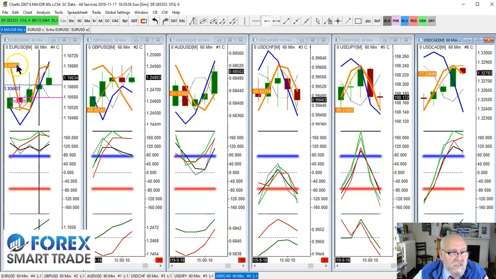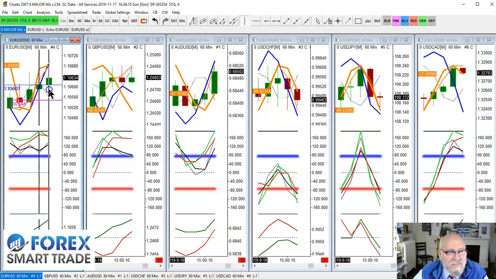What do we see? 0. And all 4 lines above. I'm going to take a second trade, so I'm going to have 2 trades running on the Euro USD. 1063, so I'm going to go to 1058.